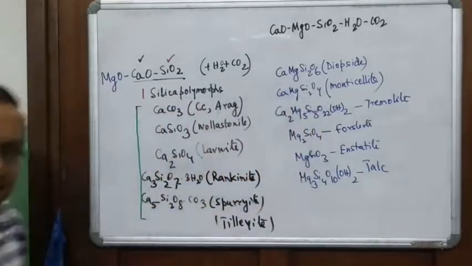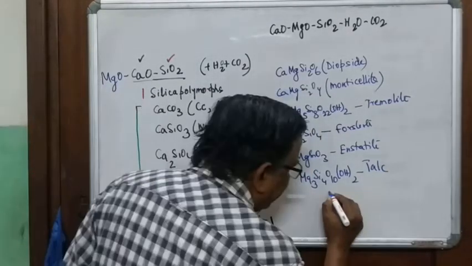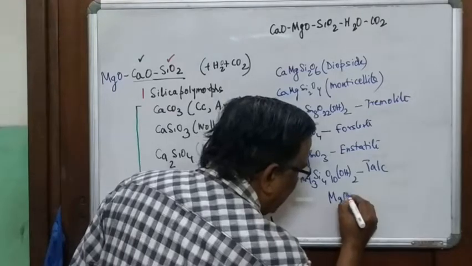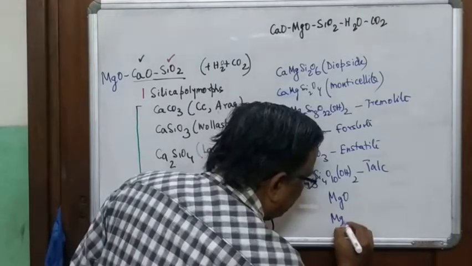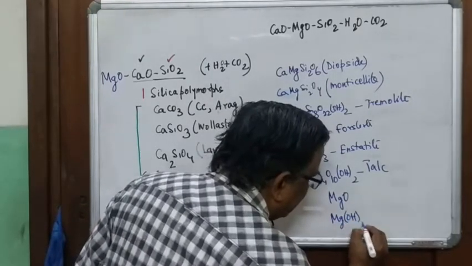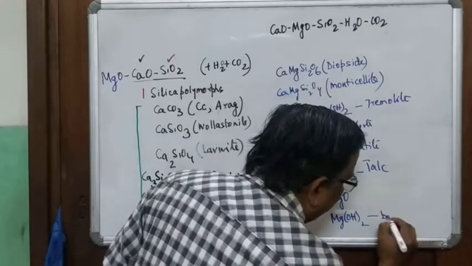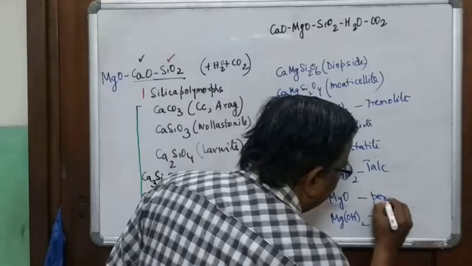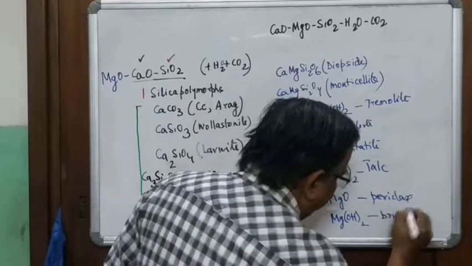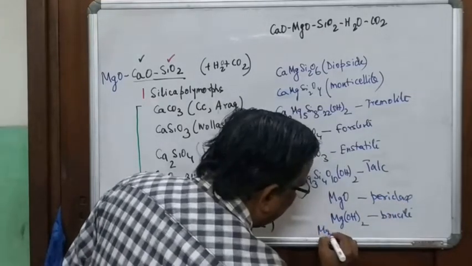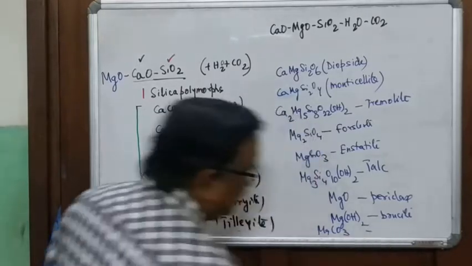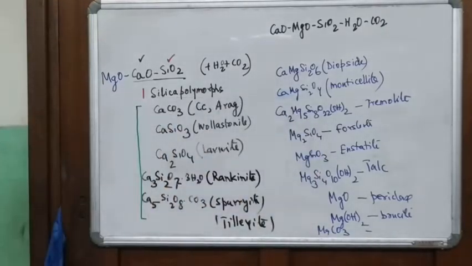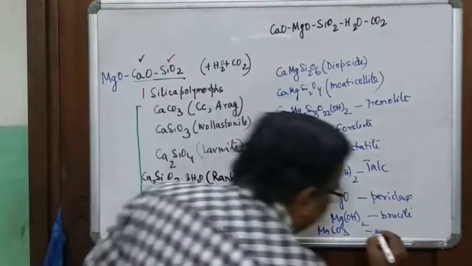There are many other minerals. Say for example, you have the mineral MgO, and you have the mineral Mg(OH)2. So this is brucite, and this is periclase. And you can have MgCO3, magnesium carbonate, so you have magnesite.